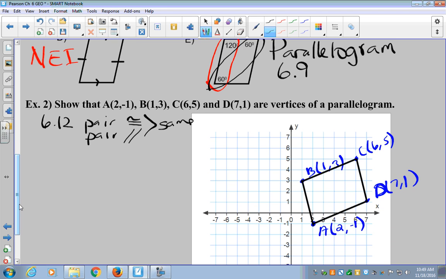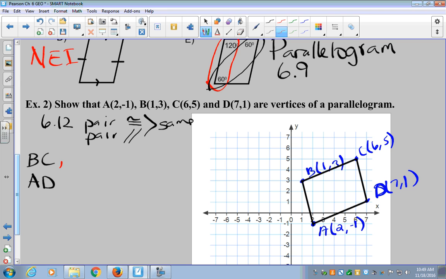So I'm emotionally connected visually with BC and AD. Because of the way it's oriented, BC feels like the top of the parallelogram to me, and AD feels like the bottom of the parallelogram to me as well. So let's prove them parallel first.